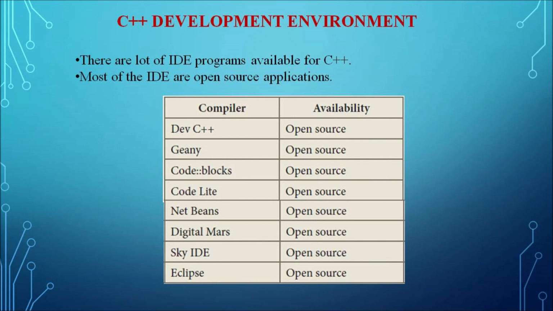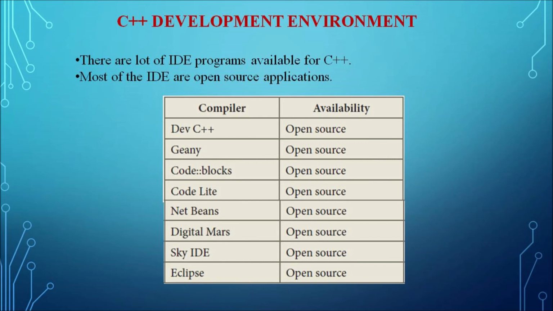Here you see there are various IDEs available which are open source, starting from Dev C++, which is the most commonly used IDE for compiling C++ programs. Following that, there are Code::Blocks, CodeLite, NetBeans, Digital Mars, SlickEdit, and Eclipse.